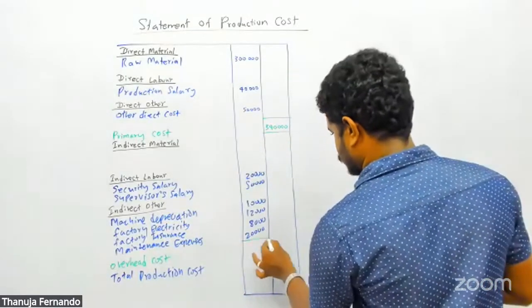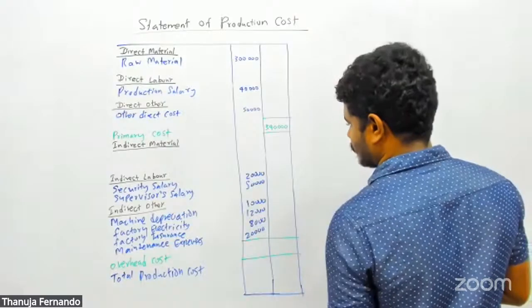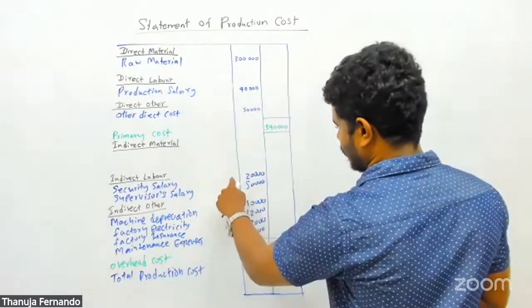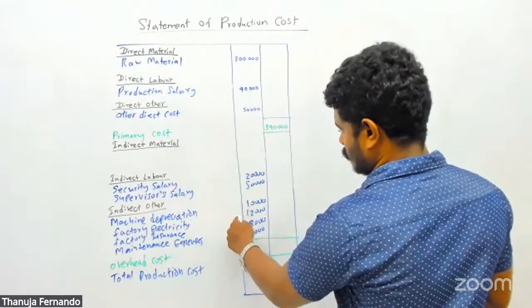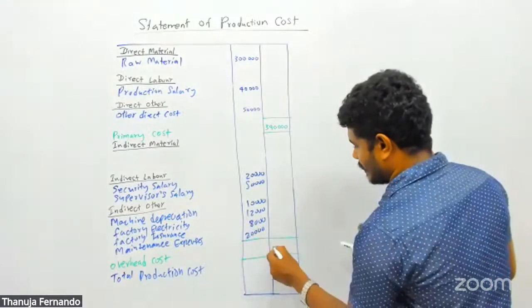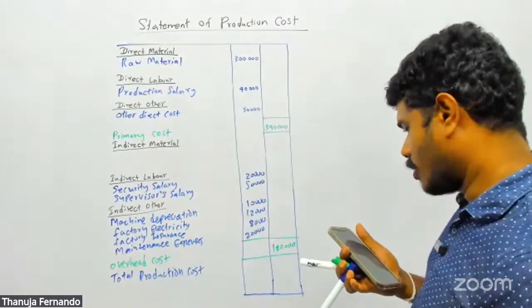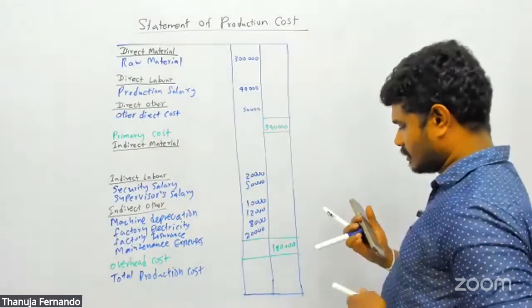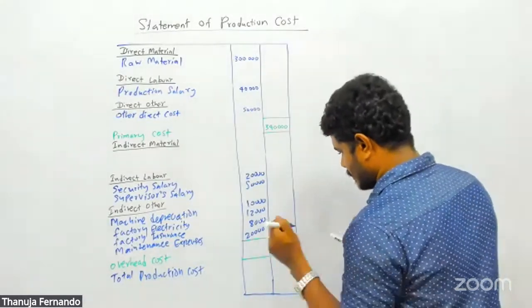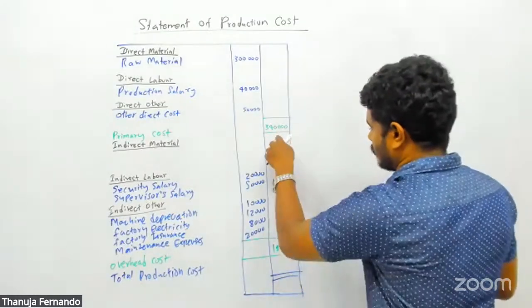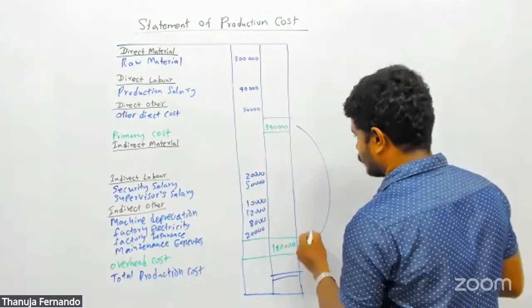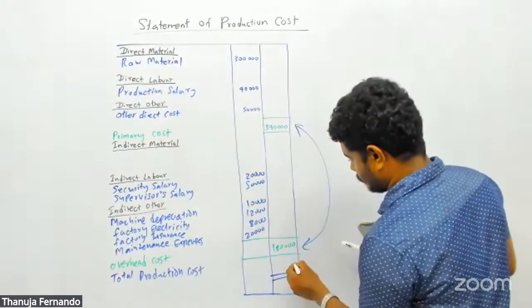Then the overhead cost we can take here: 50, 70, 80, 92, 100, 120,000. Then they are asking for the total cost of production. The total cost of production means the total combination of both these. Clear?